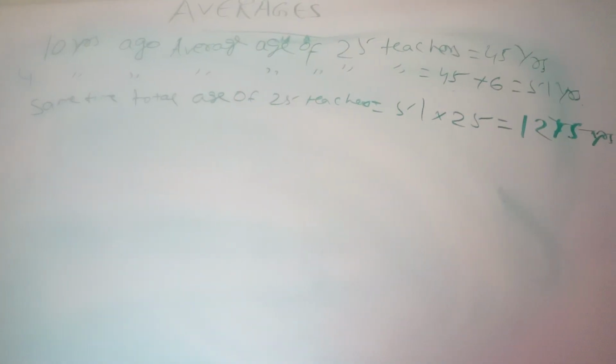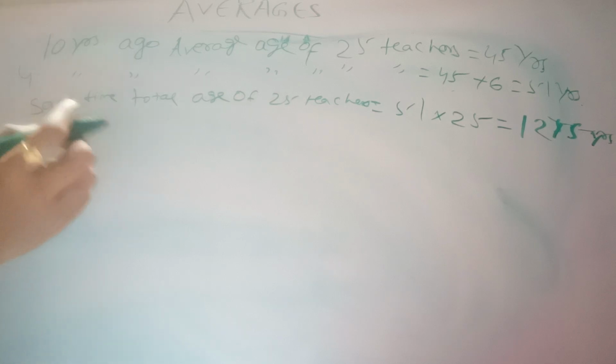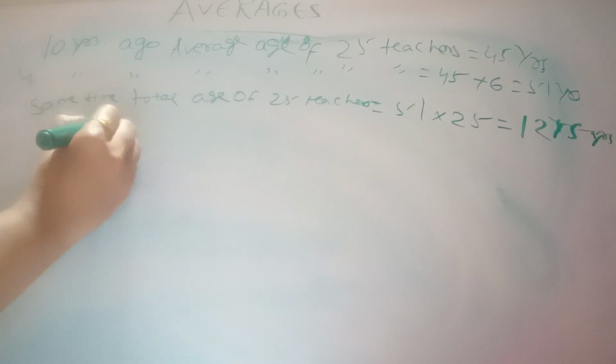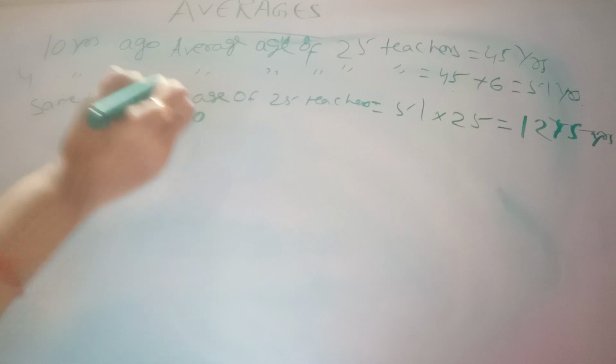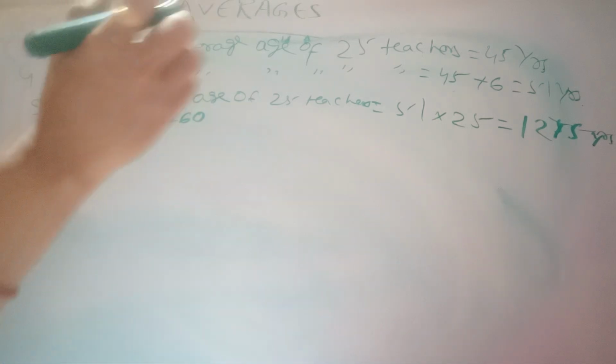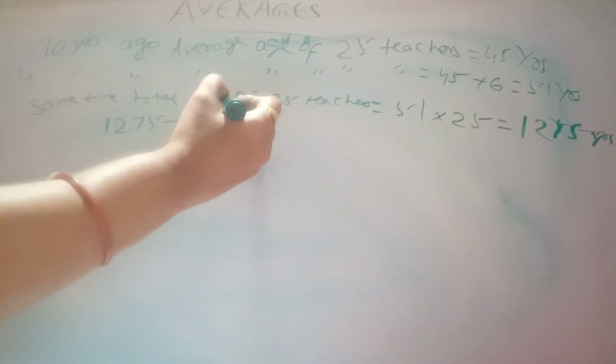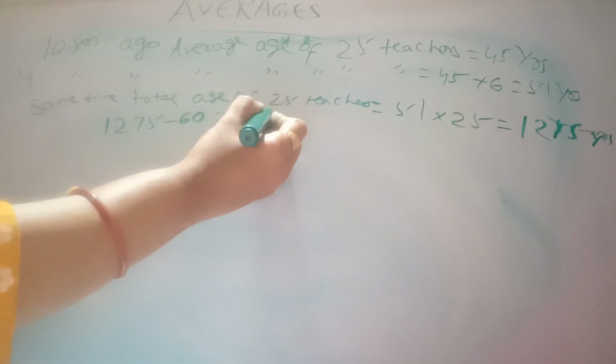Yes. And the total age of remaining 24 teachers when just principal has retired, at that time, 1275 minus 60, as principal's age is 60. So we'll get 1215 years.